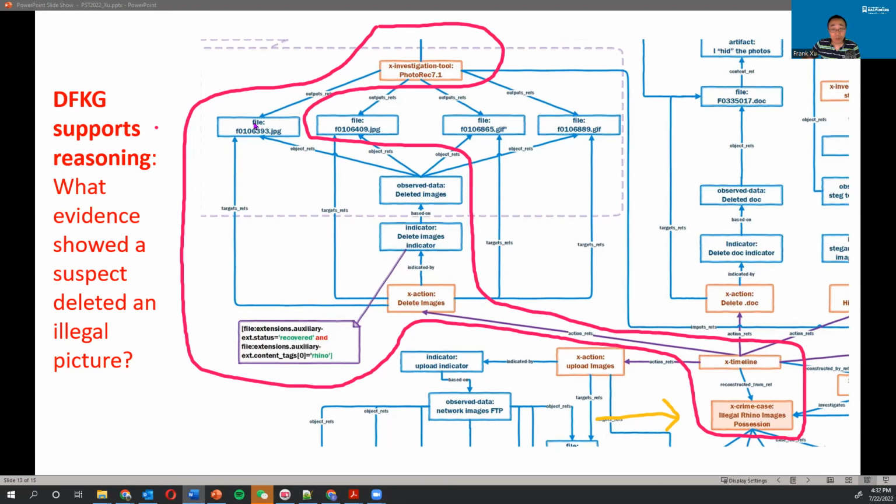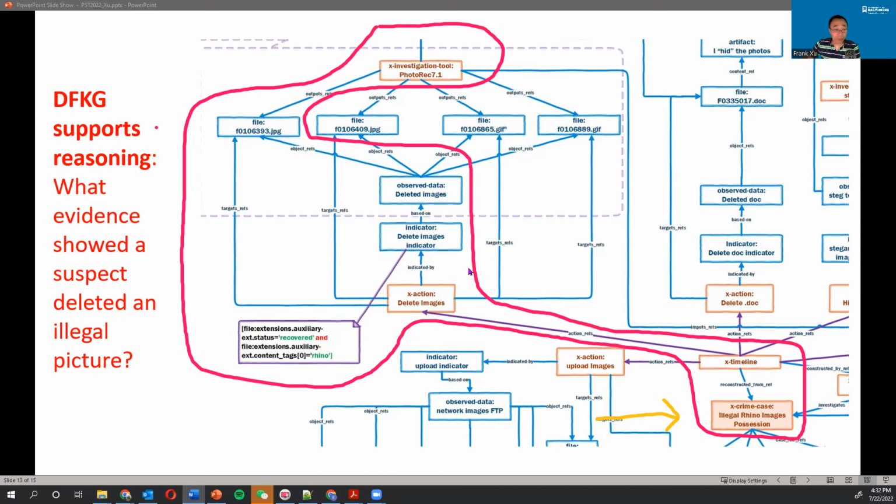The information in the subgraph is described as follows. The criminal case has a reconstructed timeline with criminal actions. One of the actions is labeled as deleting image, while the deleted image information is described in a file object.